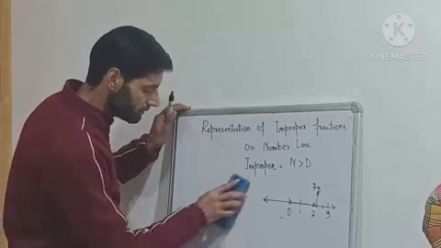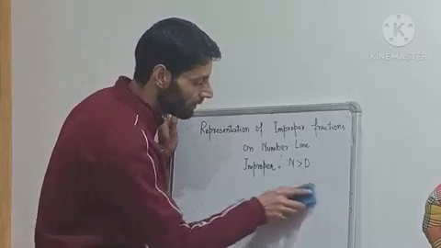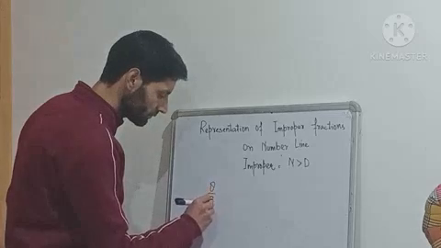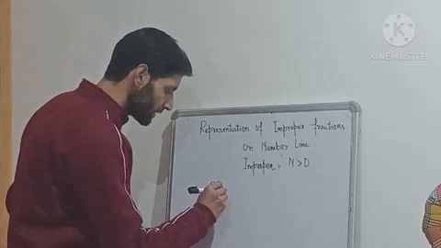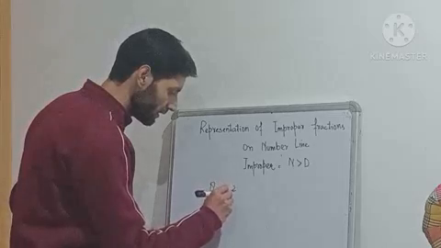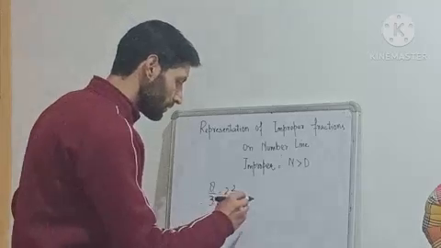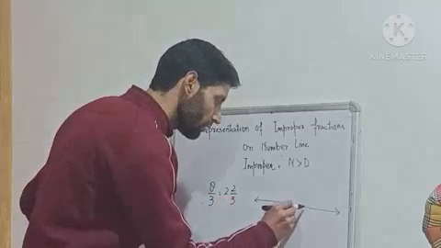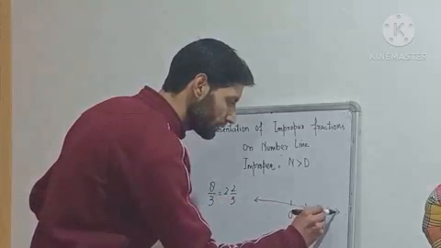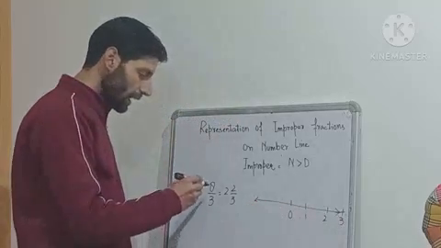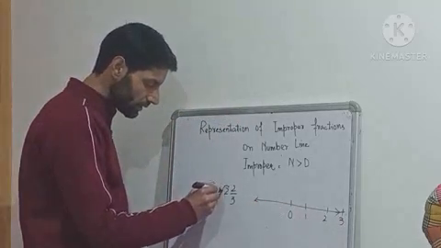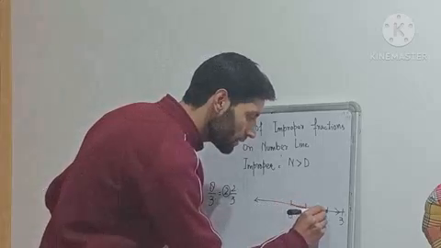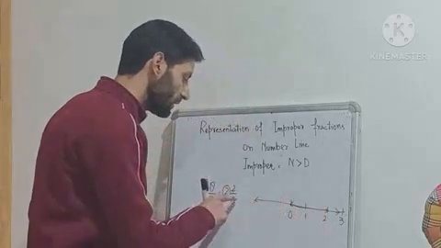Similarly, to represent another improper fraction on number line, 8/3, first its mixed fraction will be 2 2/3. So to represent this on number line, we will draw a number line. As its mixed fraction contains 2 completely, so this part it contains completely, and 2/3 will be after 2.